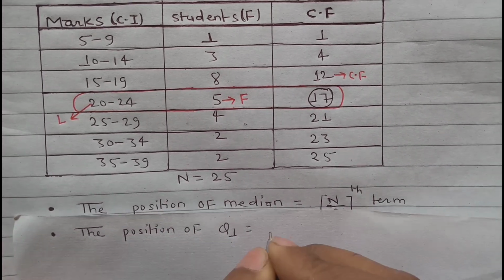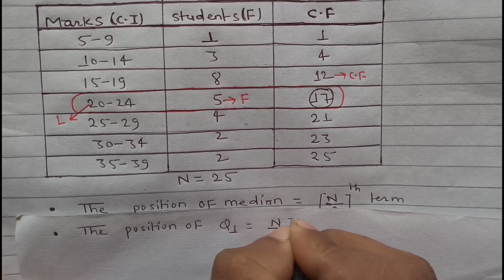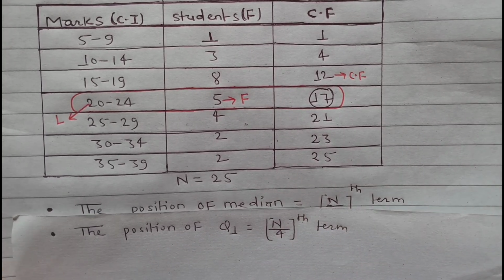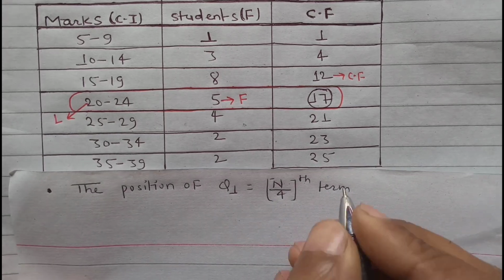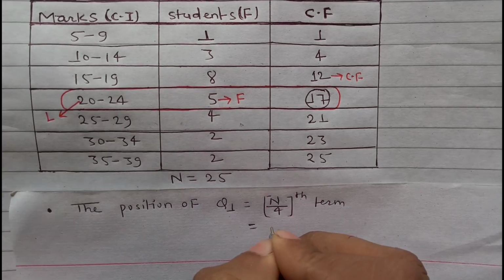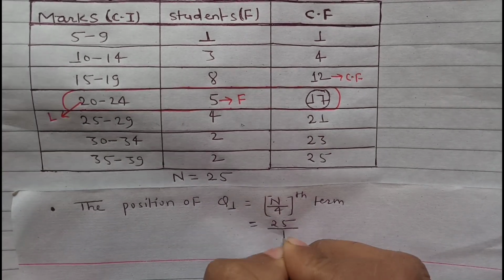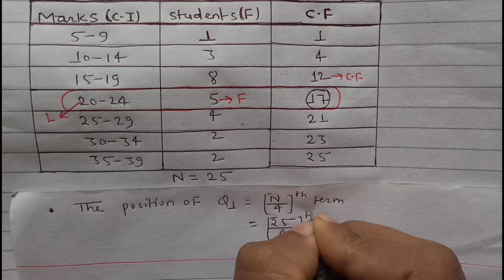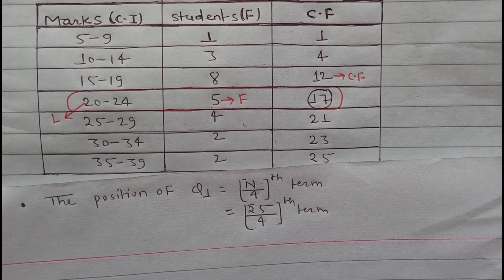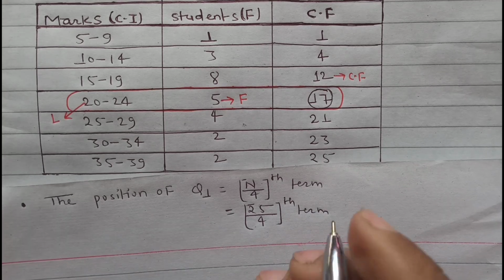The position of Q1 is, the formula is the n by 4 term for a continuous series, because the data is a continuous series. So the value of n is 25 here, divided by 4. So 25 divided by 4, we get the 6.25 term.